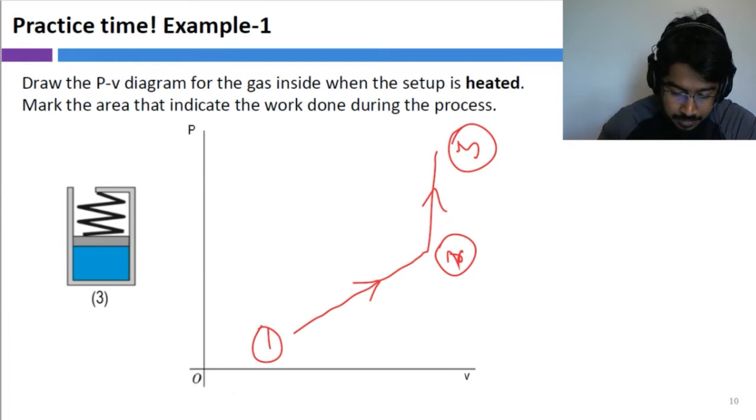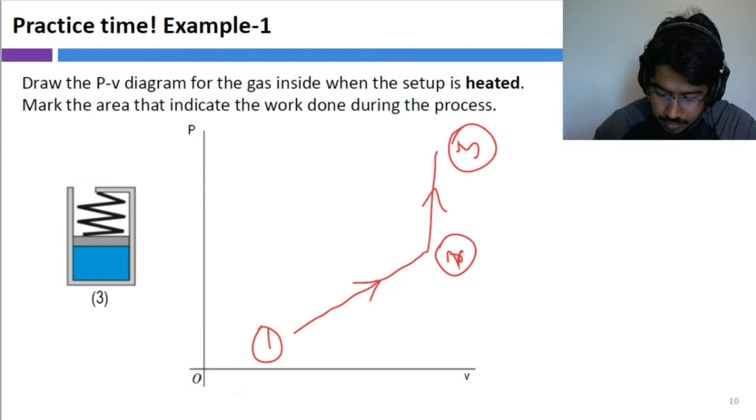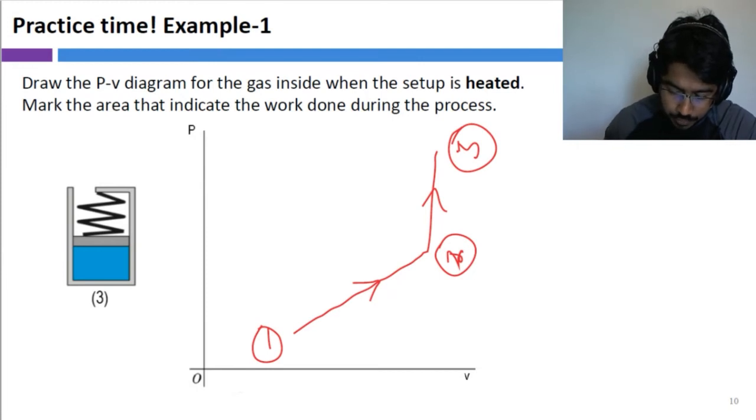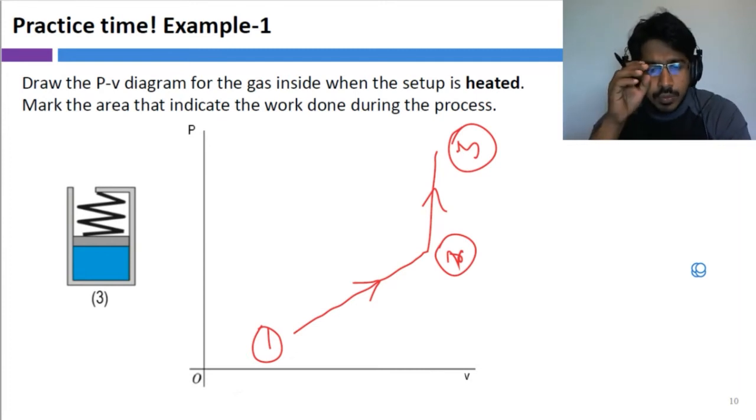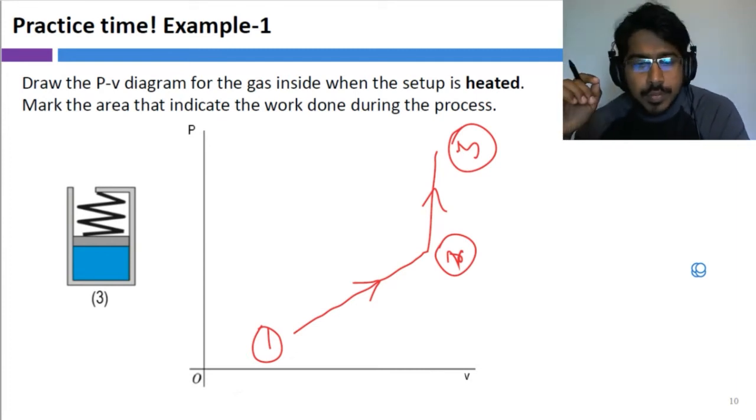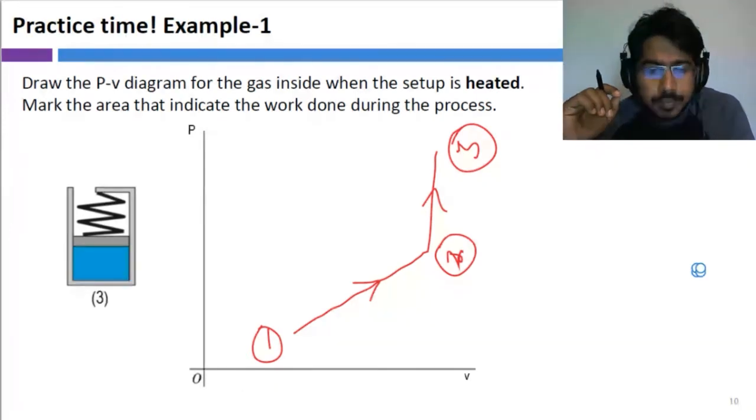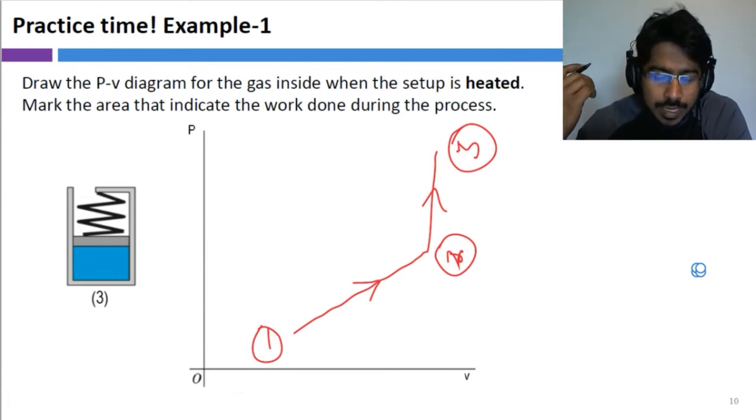Okay, so now in order for us to draw the work, what can we say about the work done during process 2 to 3? It's 0 because it's an isochoric process, no work, right?